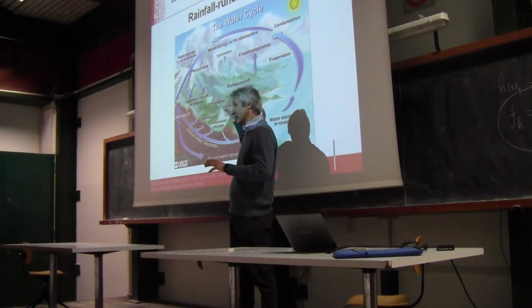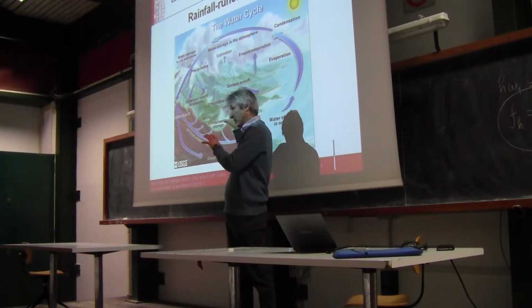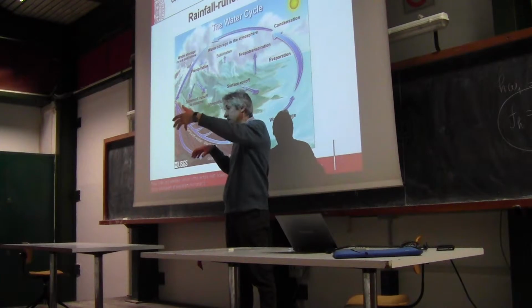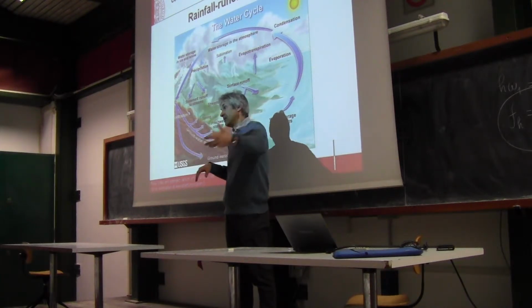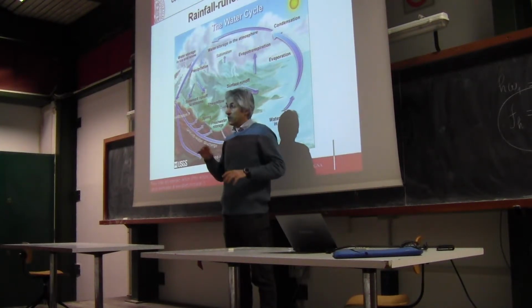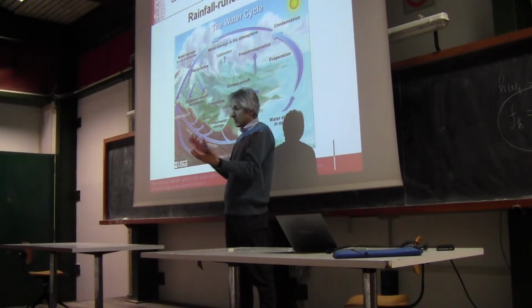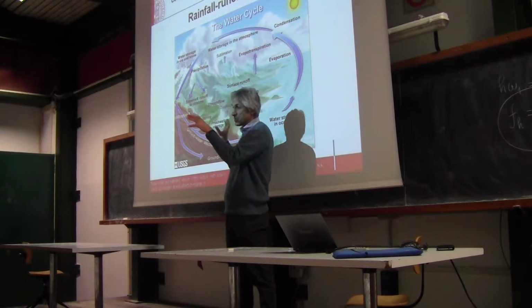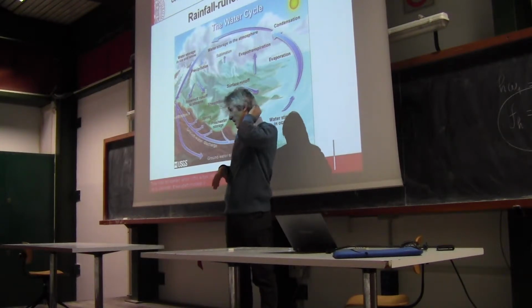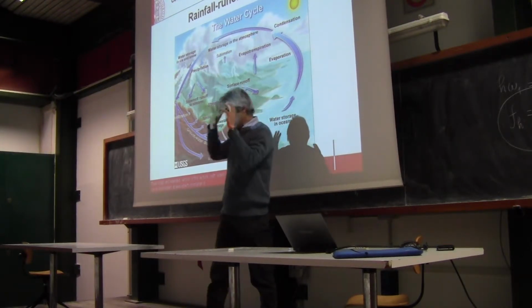Let's concentrate for now on the surface runoff. So there might be infiltration, but after a while water comes up again at the Earth's surface and concentrates into the rivers. And later on we will talk about aquifers, how to model aquifers.